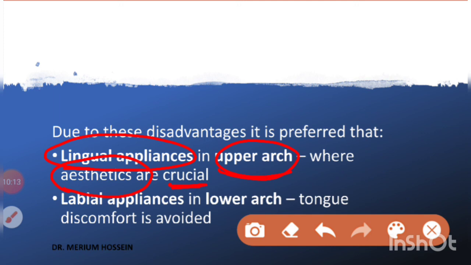We are going to prefer labial appliances in the lower arch. Why? Because we can minimize the tongue discomfort and speech alterations. We can also minimize the difficulty in mastication and a lot of other disadvantages. So we prefer lingual appliances in the upper arch so that aesthetics can be maintained, and labial appliances in the lower arch so that we can avoid their major disadvantages.